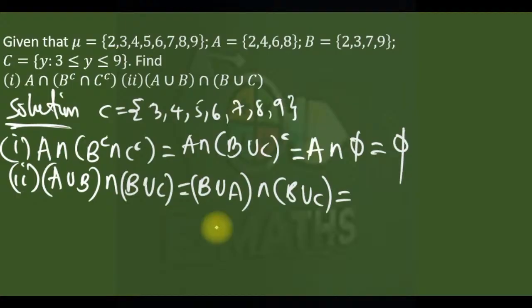And if you notice, it's the same as using the distributive law. It is now B union A intersection C.